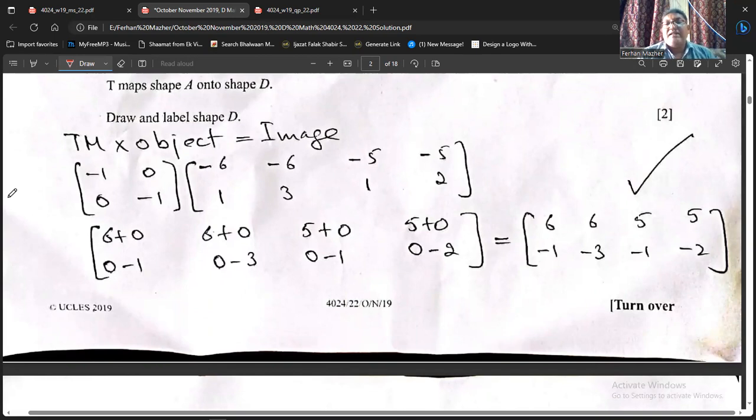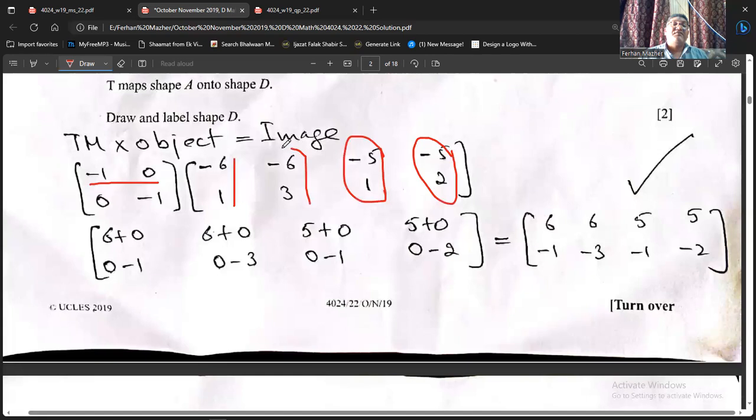And when I multiply them, I will automatically get the coordinates of the image. So from here I will take the rows, and from here I will take the columns. So the first row will multiply with the first column.